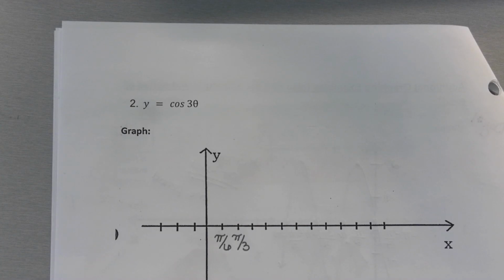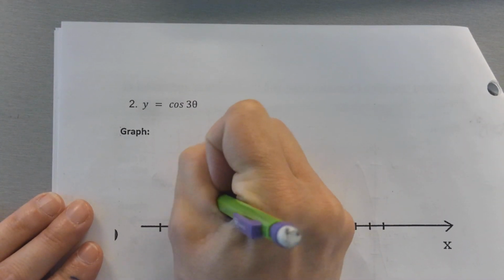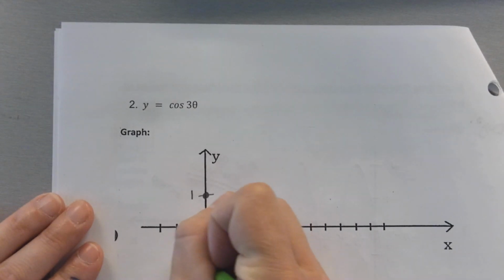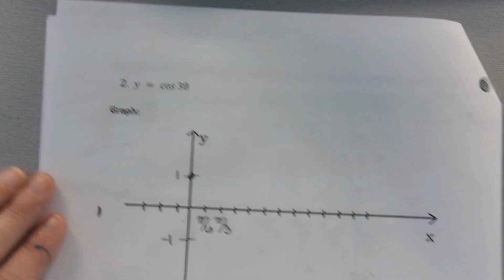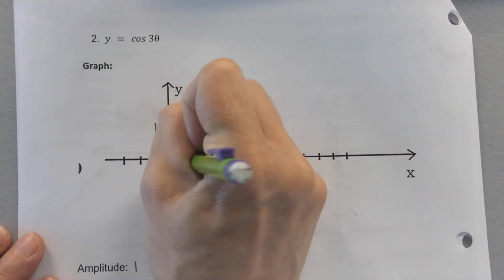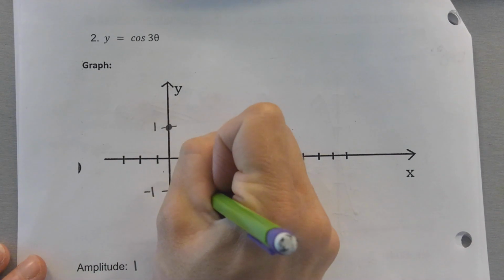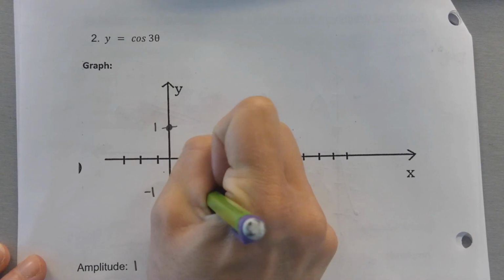Okay, so go back to the first one. We have a point at 0, 1. So this is my positive one. This is my negative one. And then if I go over, I have a point at pi over 6, comma 0. So the next point is at 0. And then my next point is at pi over 3, comma, negative 1.